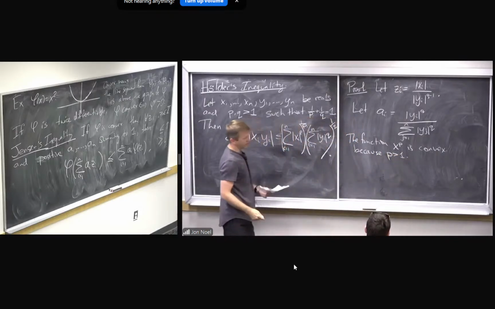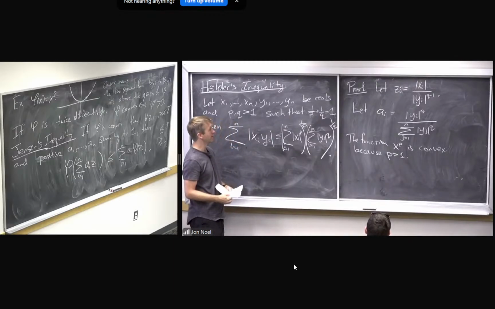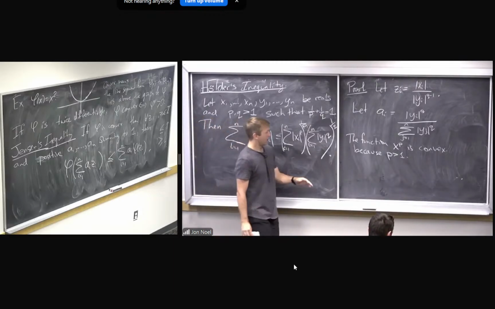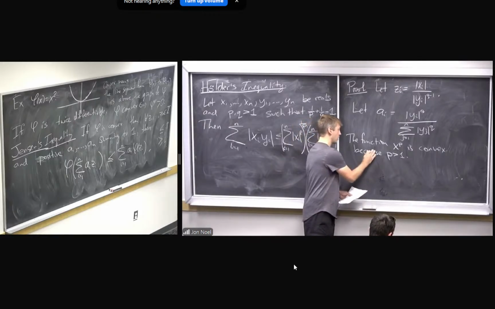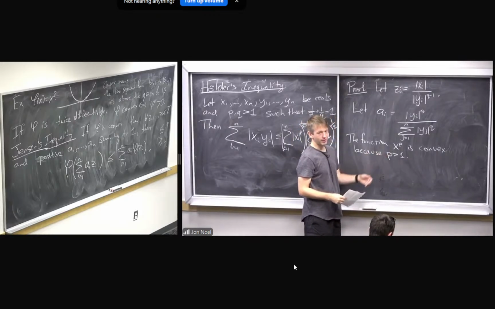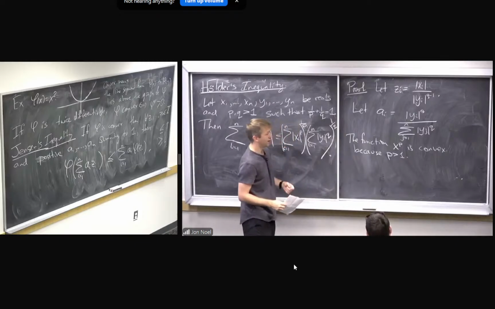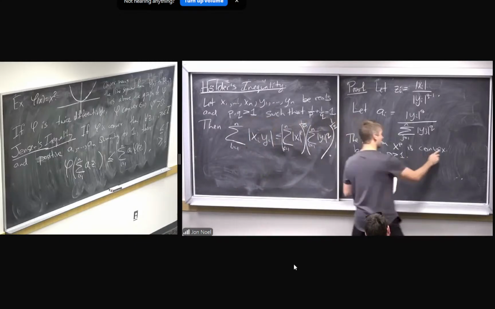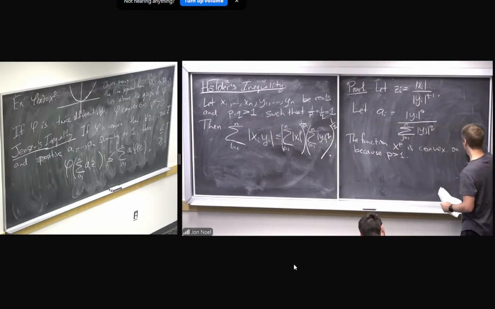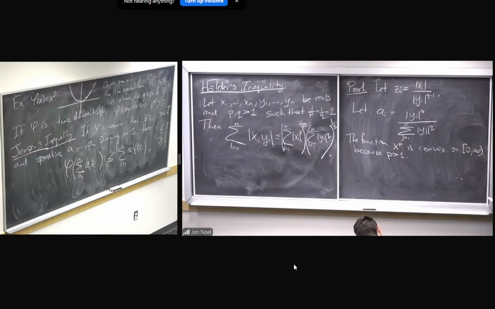Okay, it's still convex if p equals 1. So for example, take the second derivative. It's going to be non-negative. Convex, when I say convex, I mean on the set 0 to infinity. It doesn't work if you go to the negatives.